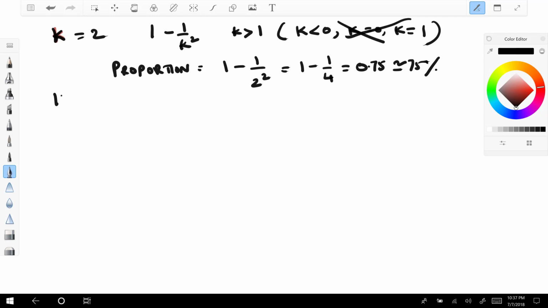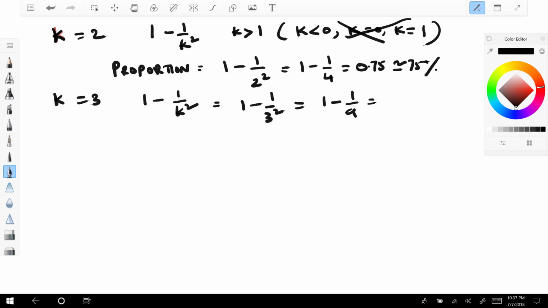If k is equal to 3, then 1 minus 1 by k square should be equal to 1 minus 1 by 3 square. So that is equal to 1 minus 1 by 9.